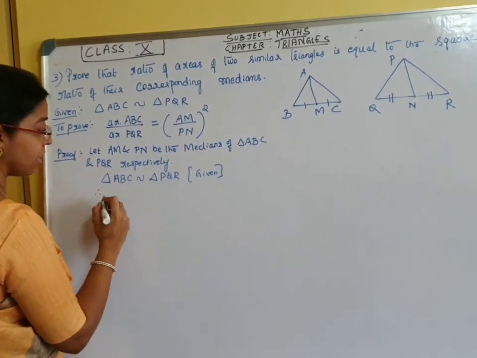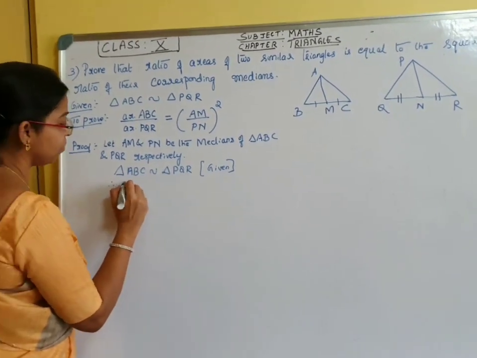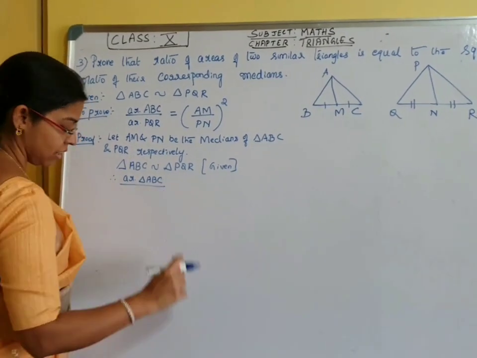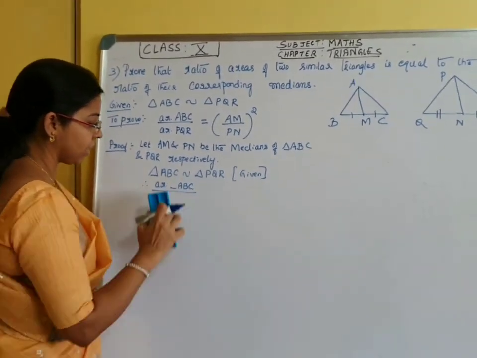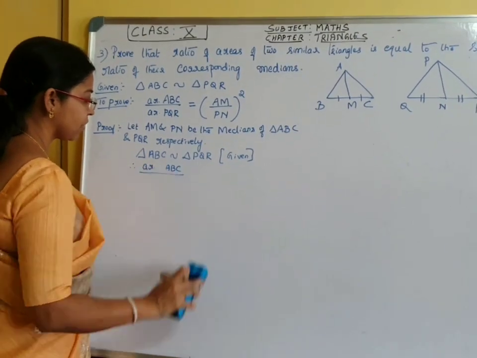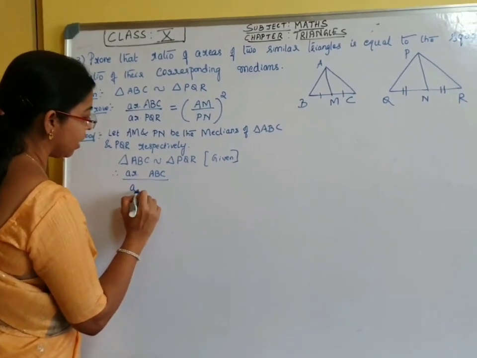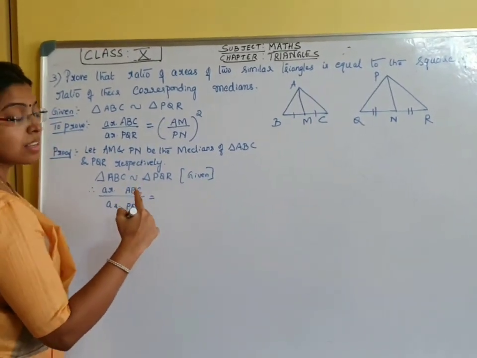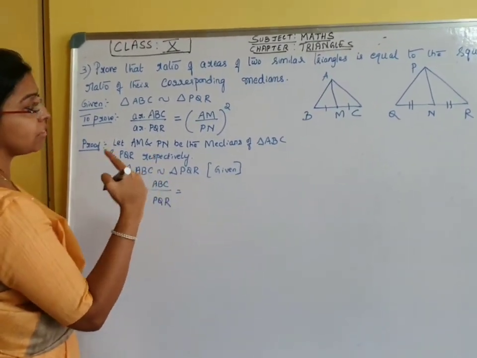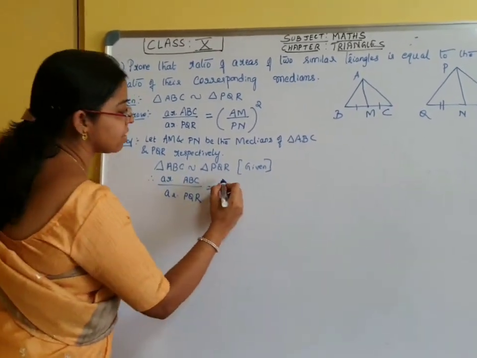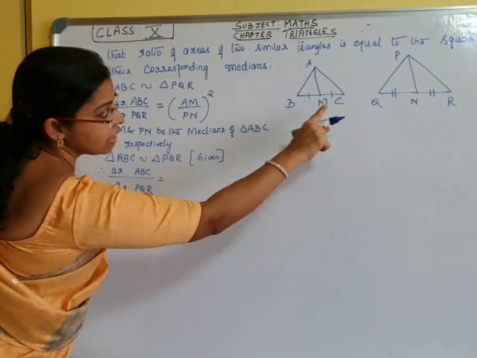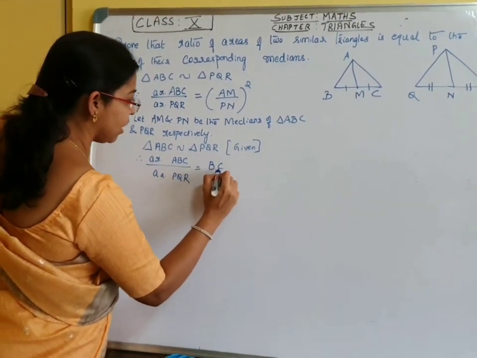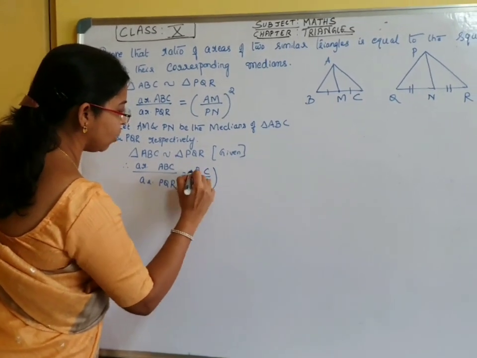Therefore, by the areas of similar triangles theorem, area of triangle ABC by area of triangle PQR is equal to the square of the ratio of corresponding sides. Here we will take only BC. What is the corresponding side for BC? It is QR. So BC by QR the whole square.